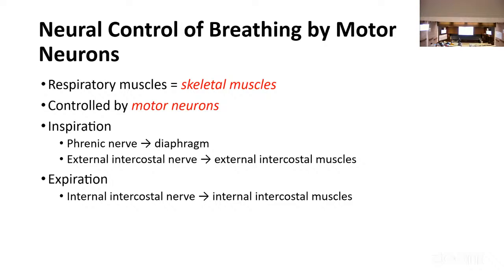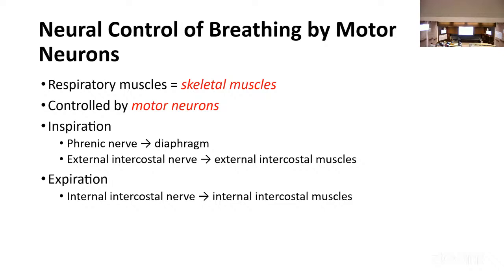Okay, so we talked about those somatic motor neurons in the past. In A&P 1, we talked about acetylcholine. We looked at that whole relationship, how that trigger works. Now we're just going to name some nerves. So you've probably seen the phrenic nerve in the lab. For breathing in, that's the responsibility of our diaphragm and our external intercostals. The phrenic nerve is super important, goes to the diaphragm. It actually comes from your cervical vertebrae, from C3, 4, and 5, keeping that diaphragm alive.